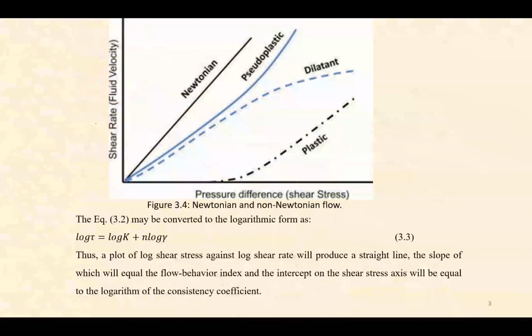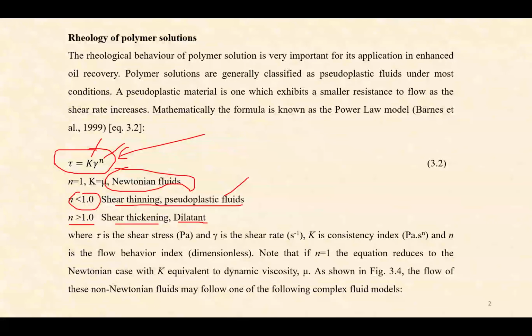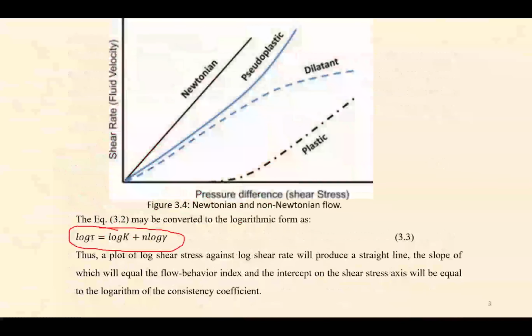Now, this power law model can be expressed if we take the log on both sides. I am talking about this equation, the common fundamental equation of the power law model. If you take log on both sides, then you will get log of tau equal to log of K plus n log of shear rate gamma.